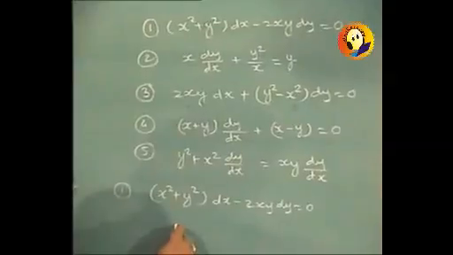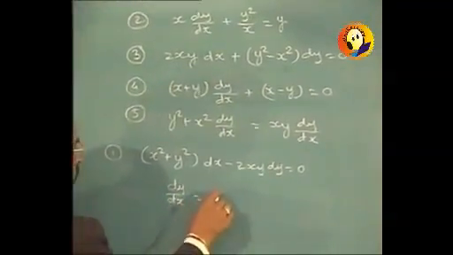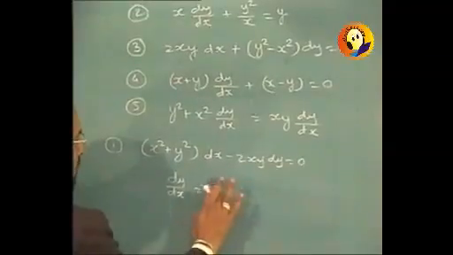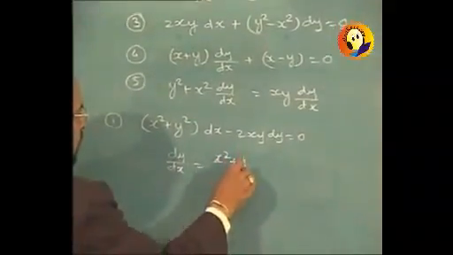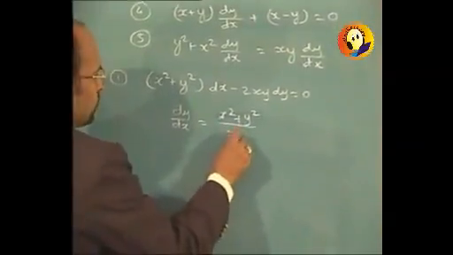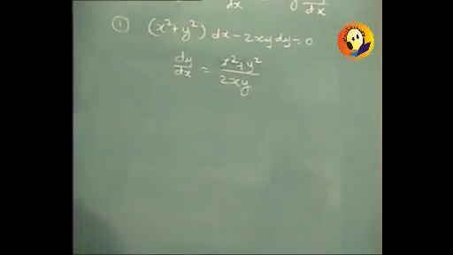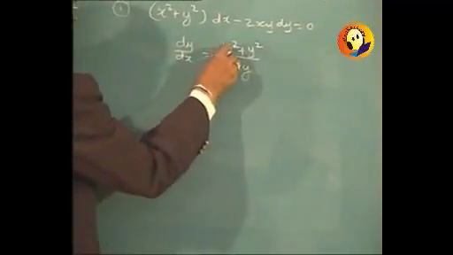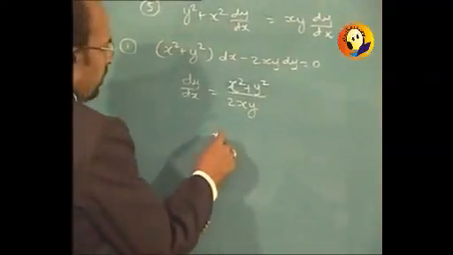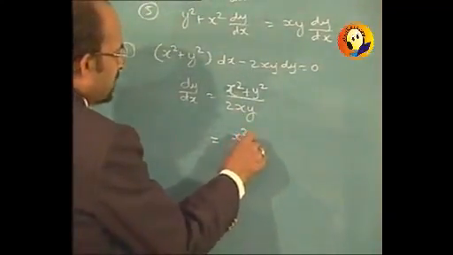So we will write it as dy by dx is equal to x square plus y square upon 2xy. So the equation comes out in the form dy by dx equal to x square plus y square upon 2xy. Both numerator and denominator have degree 2, so we can take x square common.